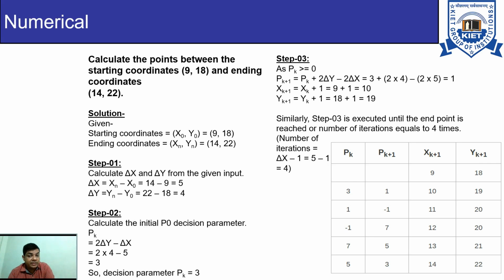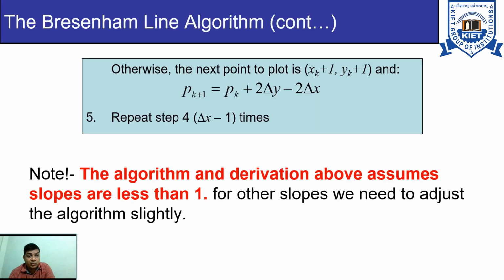and we know that whenever the value of initial pixel parameter is more than 0, in that case we have to activate xk plus 1 comma yk plus 1. That means you have to increment the value of x as well as you have to increment the value of y.